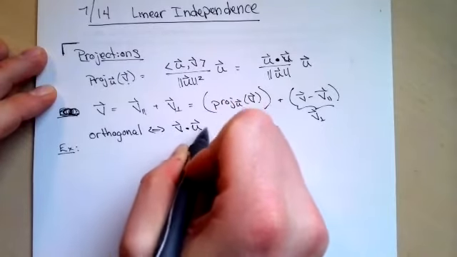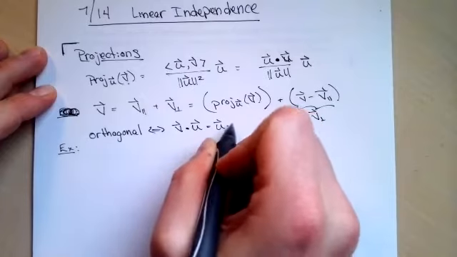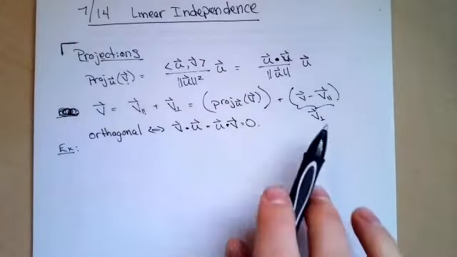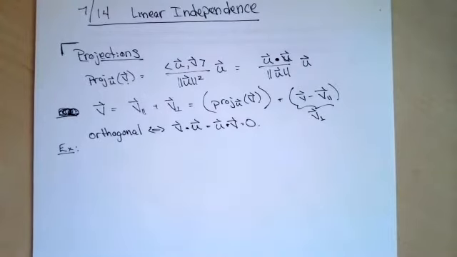V dot U or U dot V is 0. And so we checked that for this perpendicular component to make sure it matched with our intuition and our geometry.